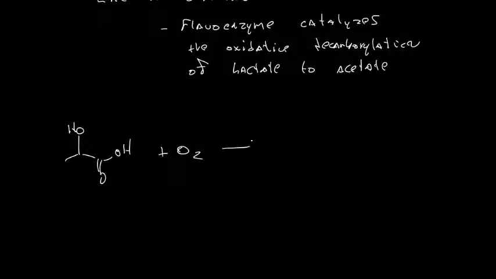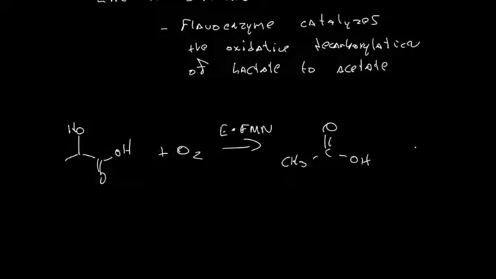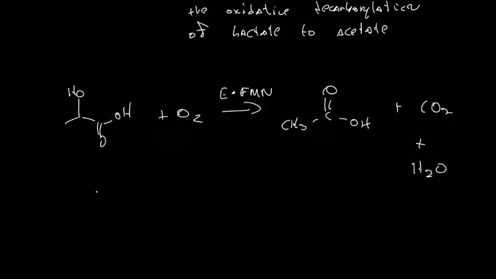And we'll react this with O2, and then our enzyme that has a flavin attached to it. And that will generate an acetate, or acetic acid as I have it drawn here, carbon dioxide, and water. Okay, let's look at some mechanistic studies of this reaction.